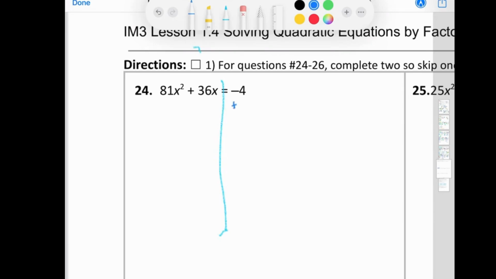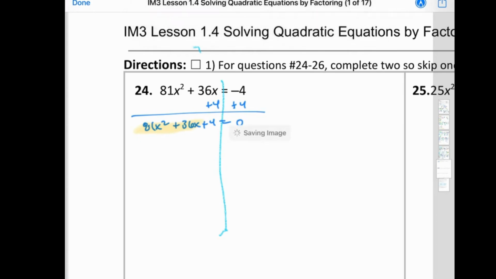Alright, I'm going to set it equal to 0. I'm going to see if I can do a substitution for this one. So is there a greatest common factor for each of those?